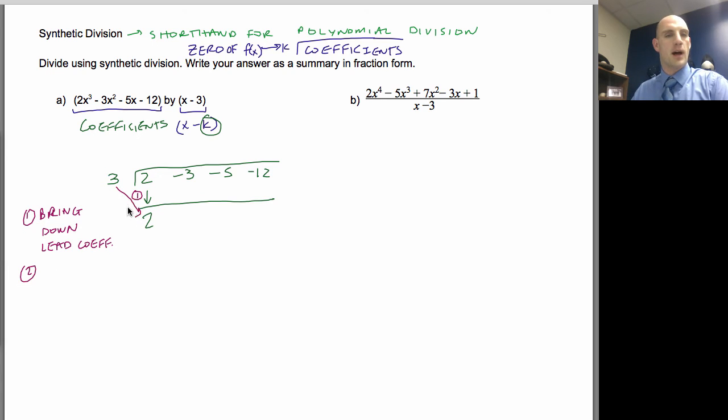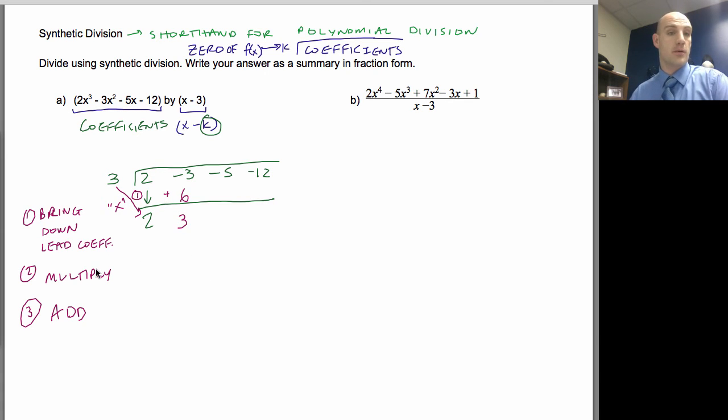Then I'm going to multiply, so 3 times 2 is 6. And my third step is going to be to add. Negative 3 plus 6 would give me 3.